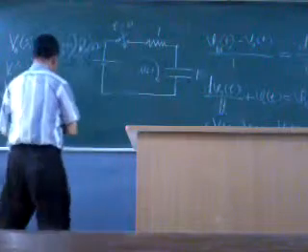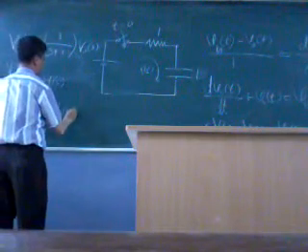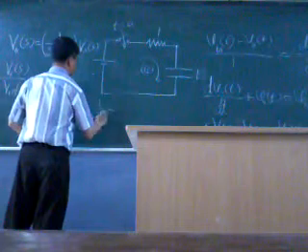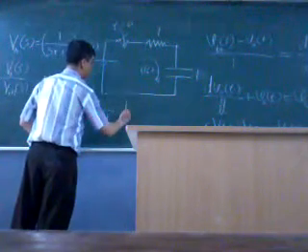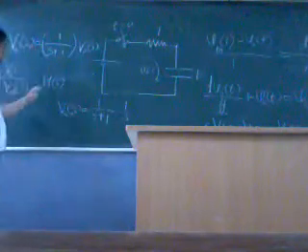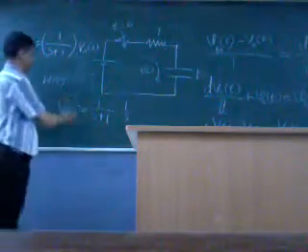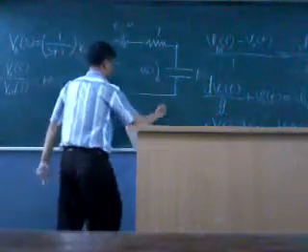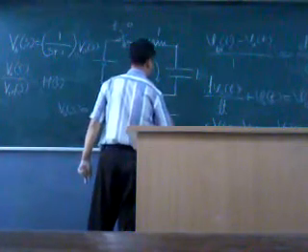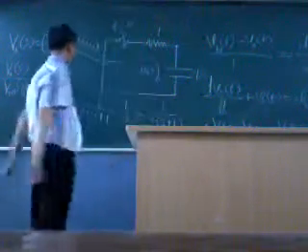Vo(s) would be now equal to 1 upon s plus 1 into 1 upon s. Why? Because Vin(s) is 1 upon s. So it is 1 upon s into s plus 1 is the Vo(s).